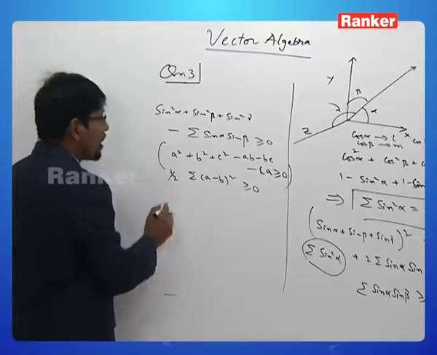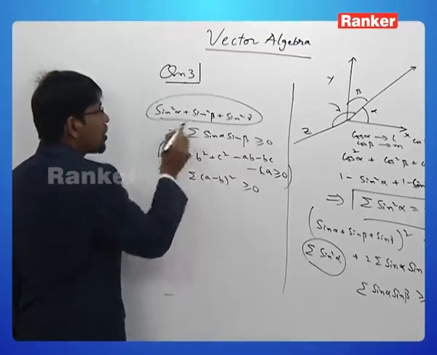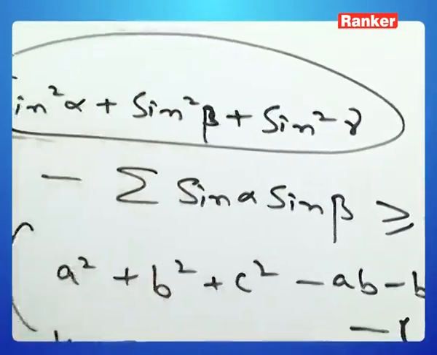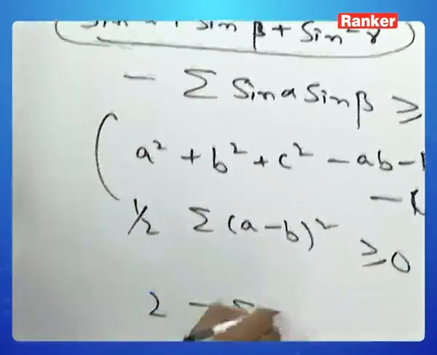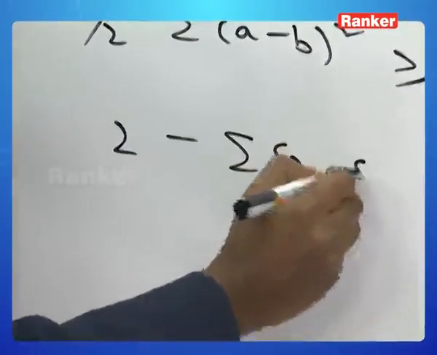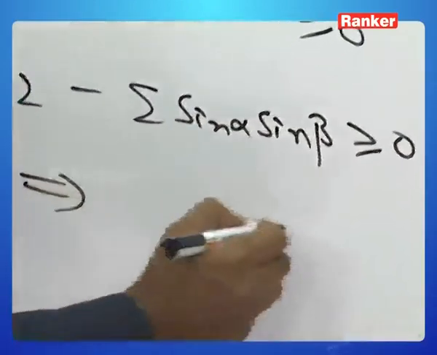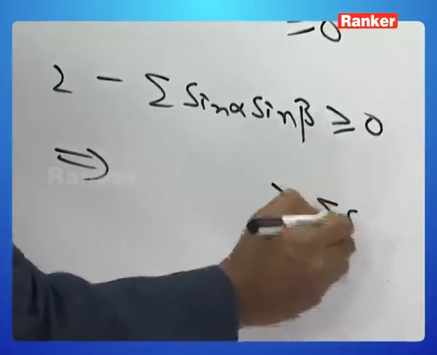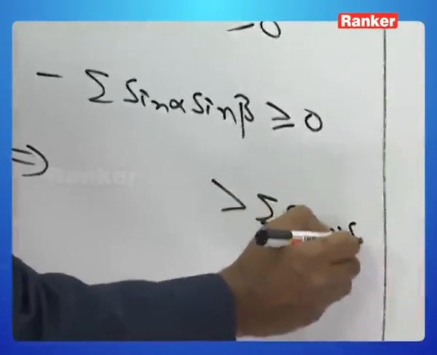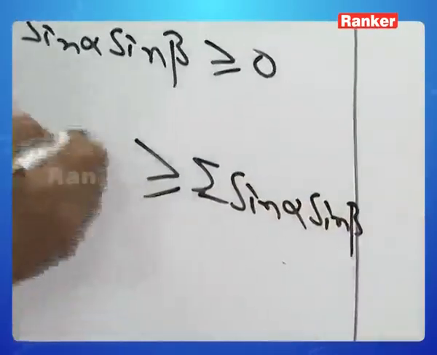So using this now, sigma sin square alpha is 2. So 2 minus sigma sin alpha sin beta is greater than or equal to 0, which in turn implies that sigma sin alpha sin beta will have to be less than or equal to 2.